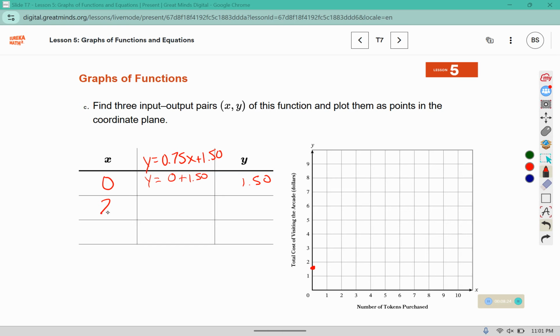If we put 2 into that equation, 75 cents times 2 is $1.50, plus $1.50 to get into it would be $3. 4 times 75 cents is $3, plus $1.50 would be $4.50.